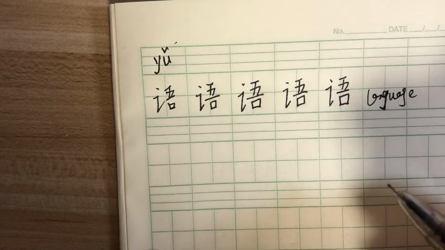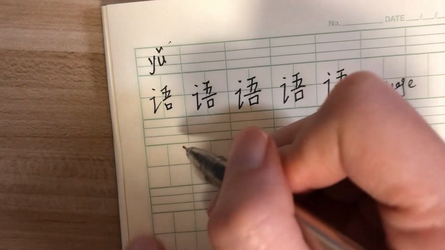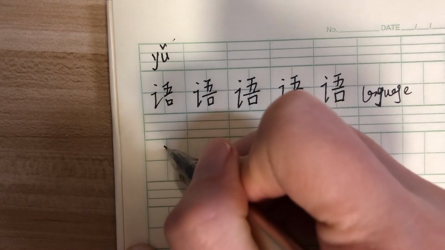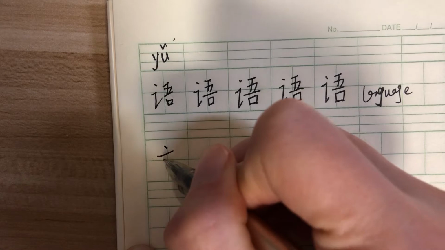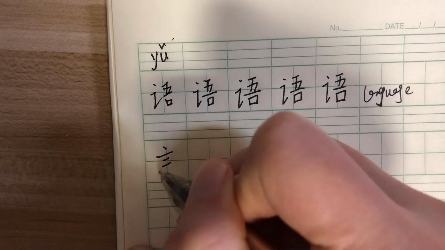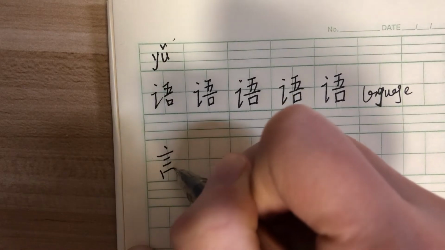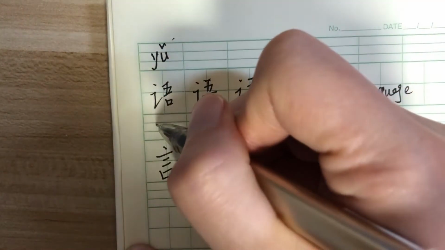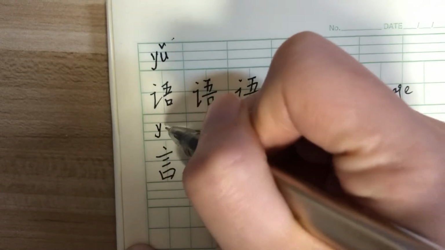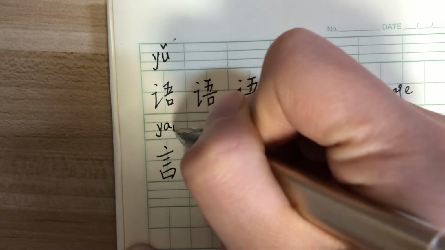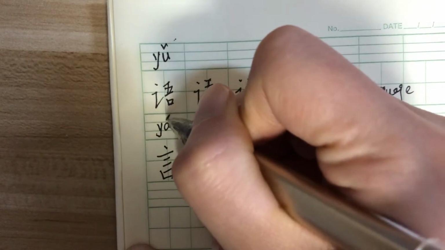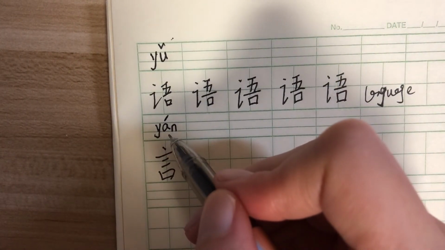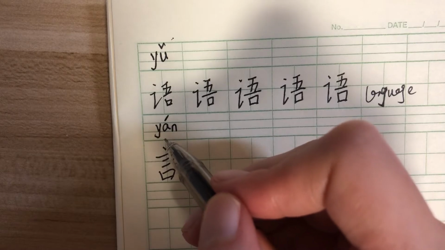Next character is 言. It means speech or anything related to speech. Pay attention to the structure of this character. Initial is y and the final is an. It's a rising tone.